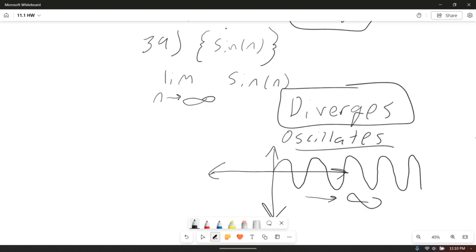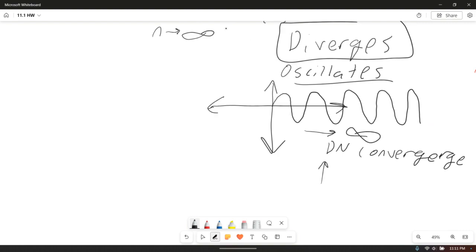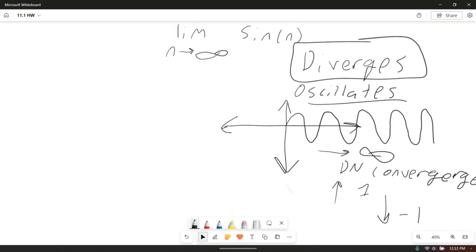So if you go towards infinity, it's not going to converge, right? It just does not converge to a single number. It goes up to 1, goes down to -1, and just cycles back and forth, and everything in between.